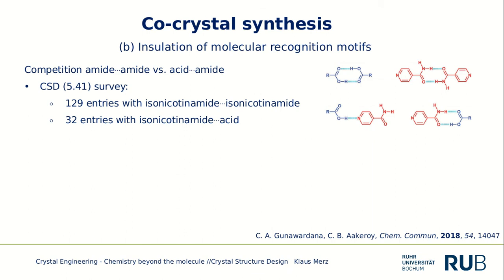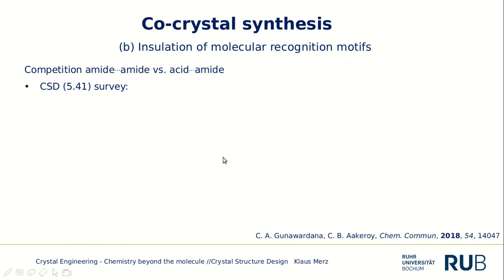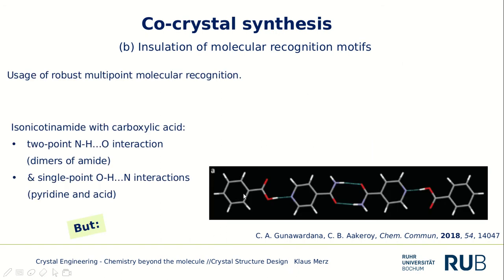And also, if we're playing with such systems, isonicotinamide with acid, it could happen that you will find carboxylic acid dimers in the system, or additionally, exactly what I've seen here, such systems.